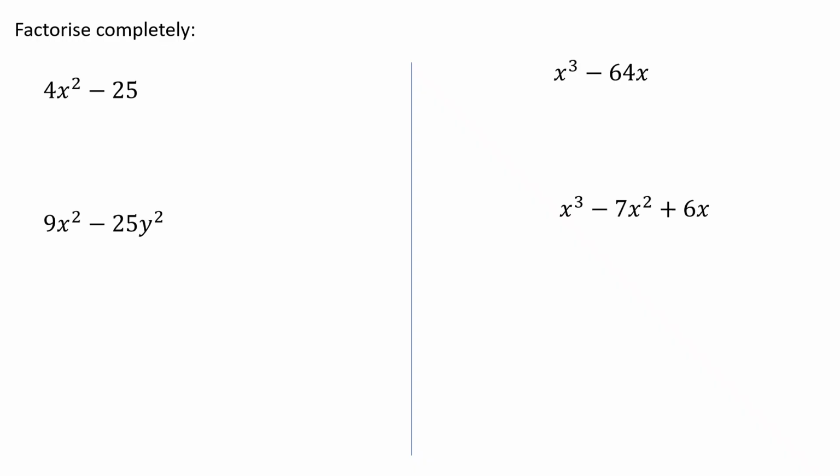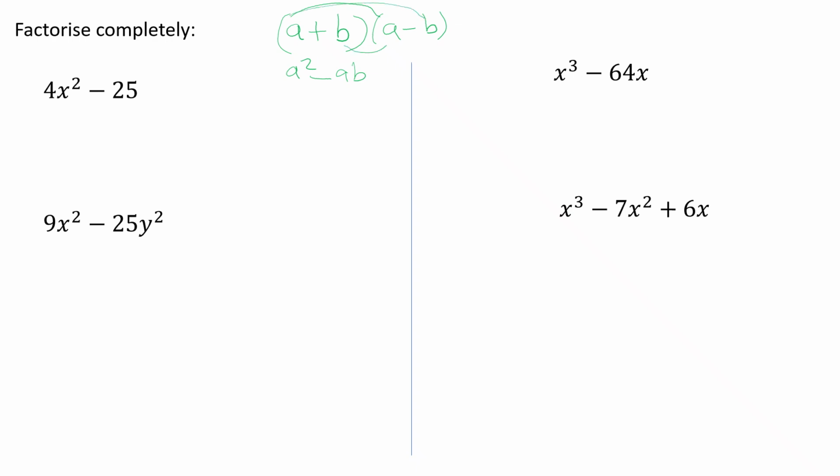It's factorized completely. Before I do this one, I'm going to show you something. So (a plus b) times (a minus b). If you expand this bracket, a squared minus ab, multiplied a times the second bracket.